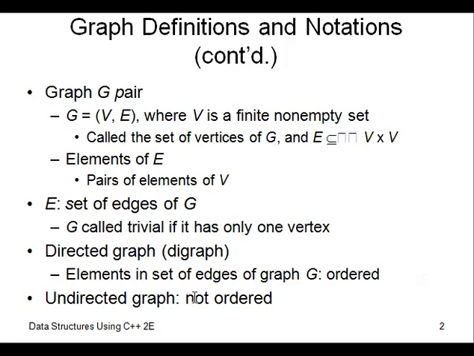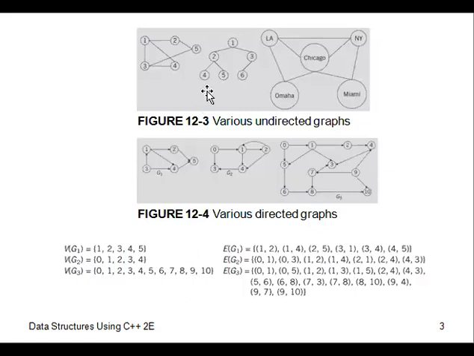That is, not ordered. Here in this figure, these three graphs denote undirected graphs. Here the vertex 1 is connected to 1, 3 or 1, 2 or 1, 4. That is an unordered pair.